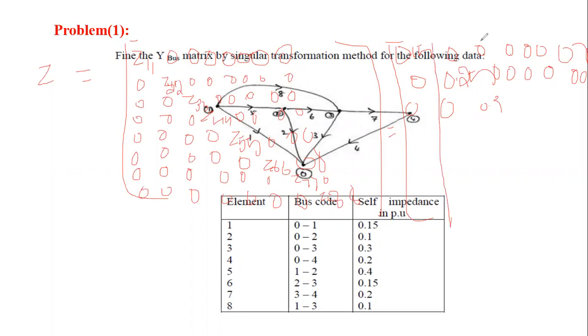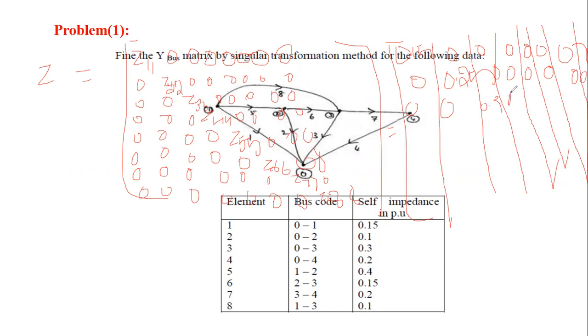We mark those lines and then we easily write down 0.3, 0, 0, 0. Next 0, 0, 0, 0.2, then 0s. Next 0.4.